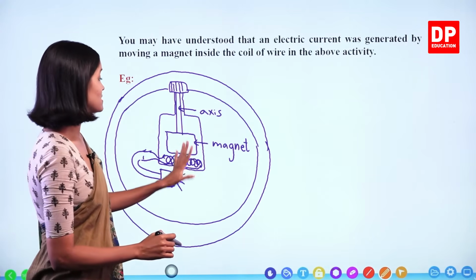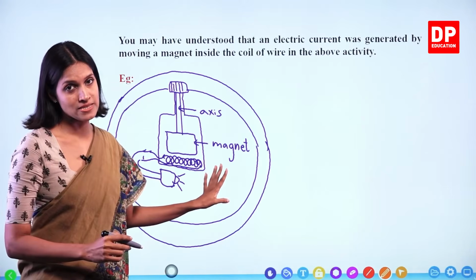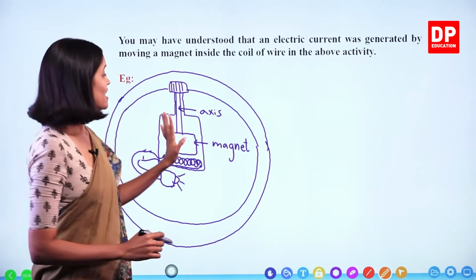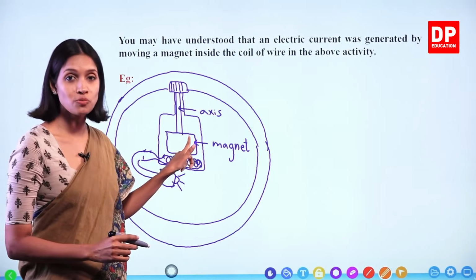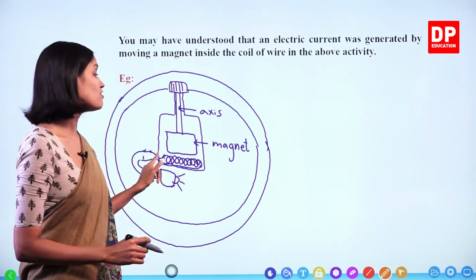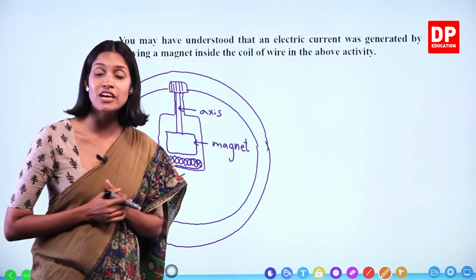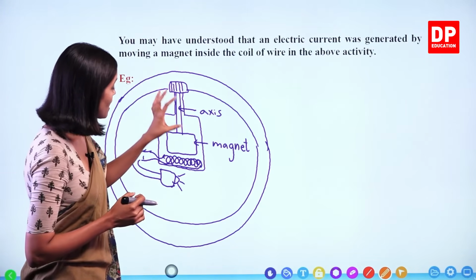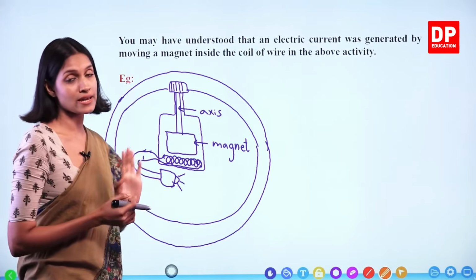The lamp illuminates. This is the reason when you ride the bicycle, the lamp lights up. At other times the lamp won't light up. That is because only when you ride the bicycle, the magnet also moves. When the magnet is still, this coil of wire does not generate electricity. We observed it even during the experiment. So when you ride the bicycle, the magnet moves, the coil of wire generates electricity, and the lamp lights up.